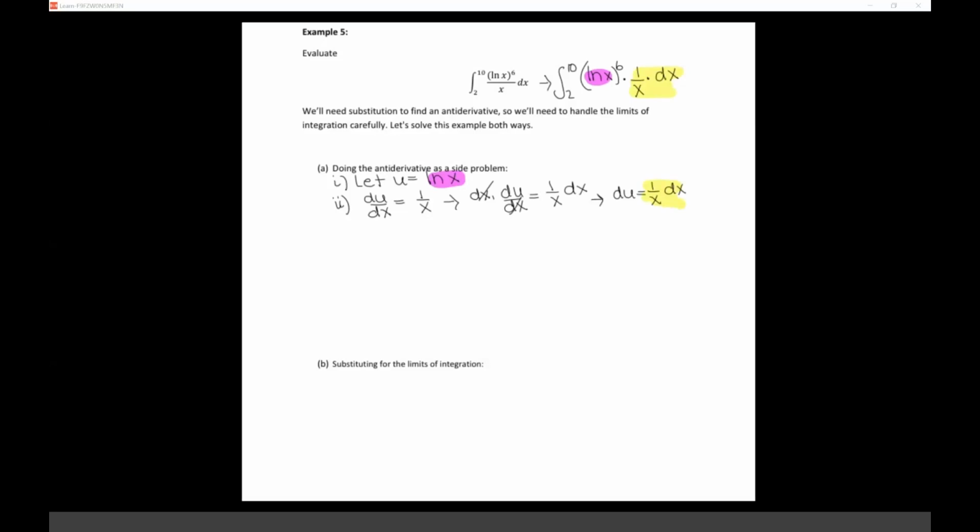Now I have all the bits. Now I get to substitute into the integral. I'm not going to put bounds on it. I'm just going to make it an indefinite integral because I have to substitute x back before the bounds make sense again. And this is going to be u to the 6th. So ln of x is now u, and 1 over x dx is du.